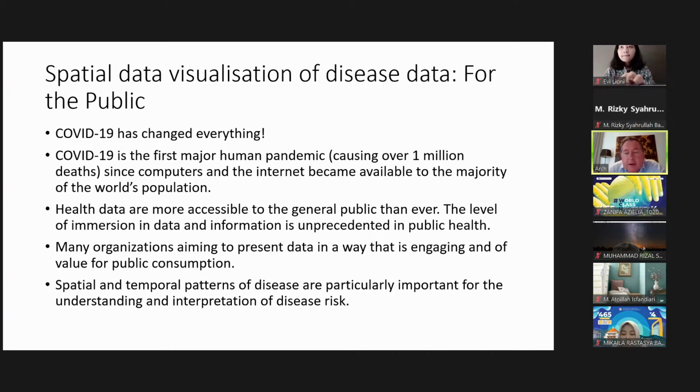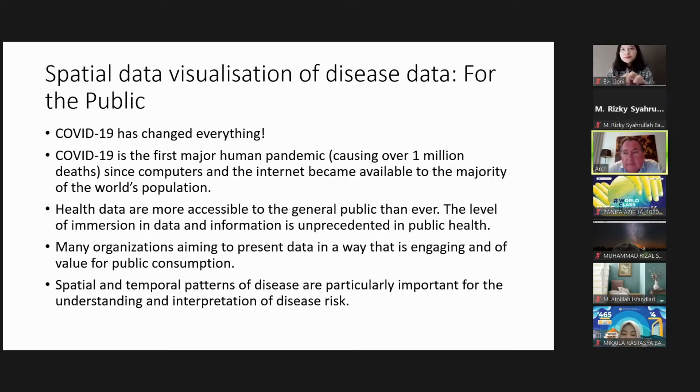And the challenge there is, of course, firstly, that data needs to be presented to the general public in a way that is accurate and that is ethical. But also, you as consumers of that data need to understand it and need to know what the limitations of the data are.